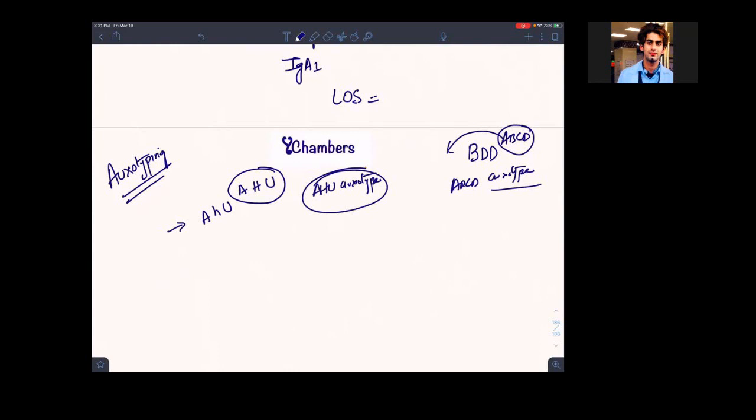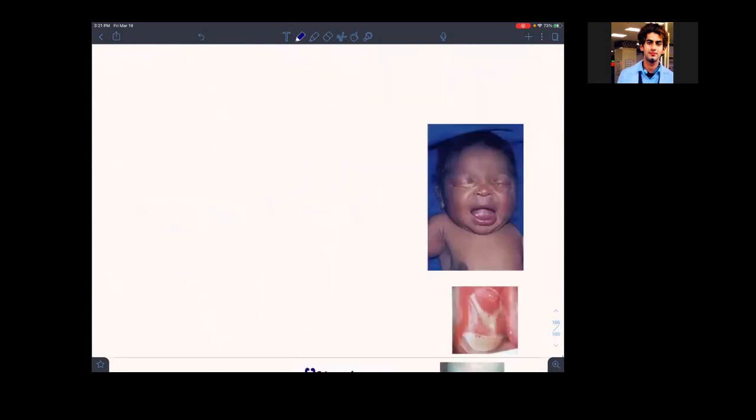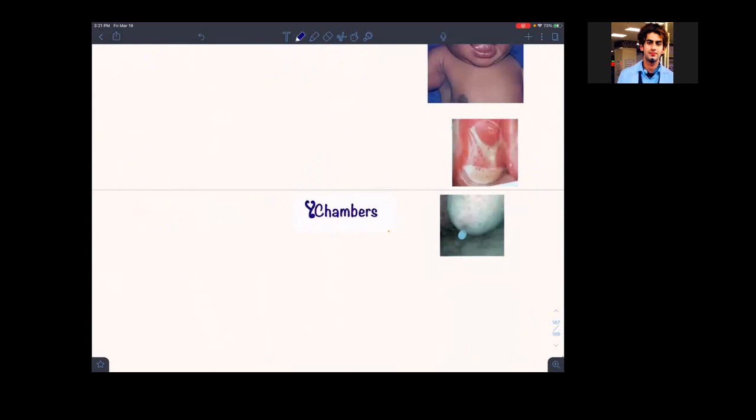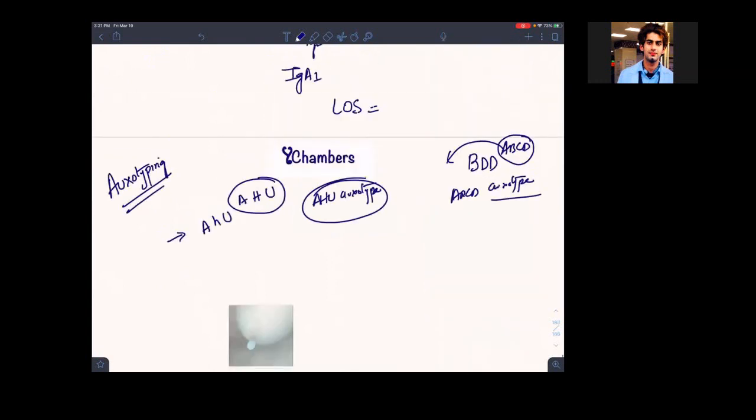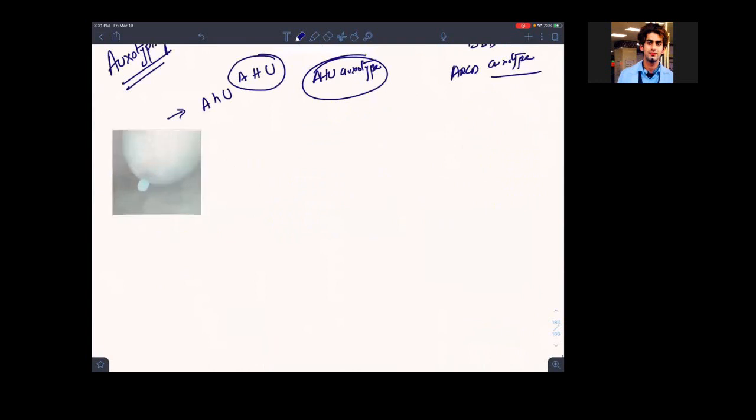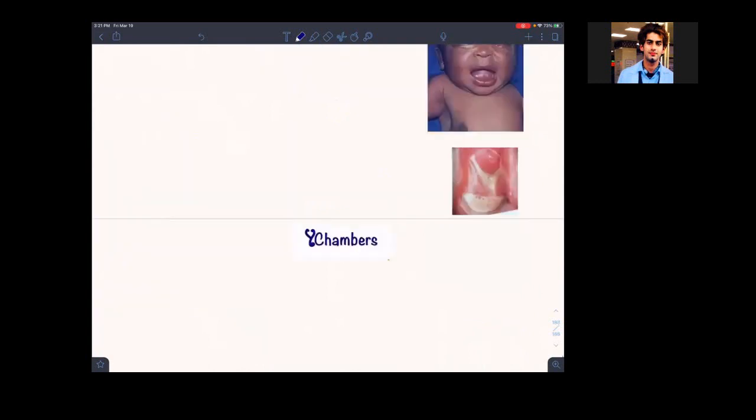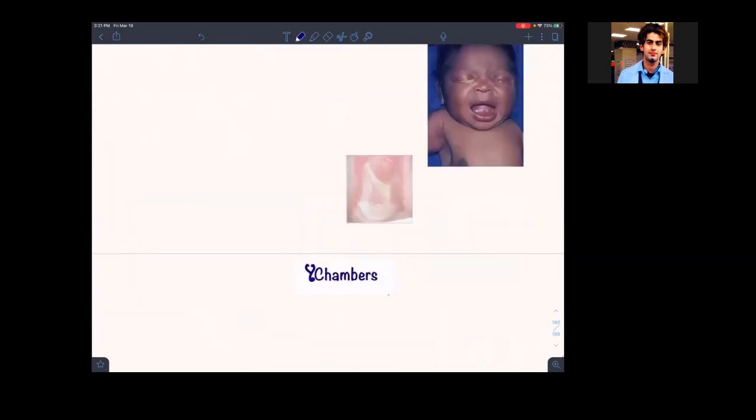Now we come to the interesting part of this disease, which we see in our daily life. I have some images for you. This is a photo of a penis, urethritis in the male, and this is the cervix on per vaginal examination.